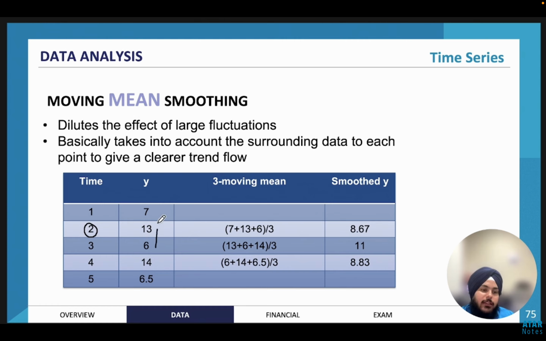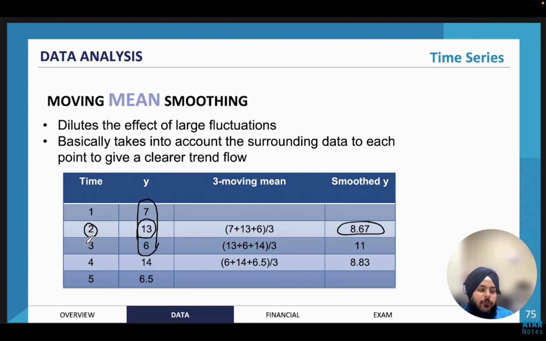We need to calculate the mean of these 3 values, with 13 being the center point. So we just add all 3 values and we get a smoothed y value. That is basic moving mean smoothing.